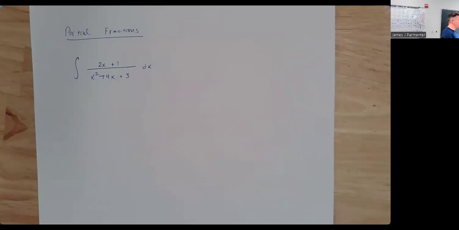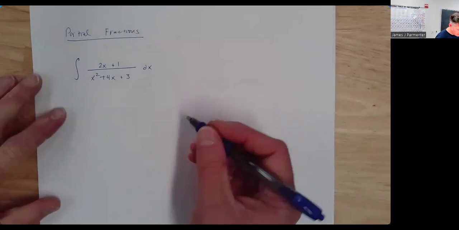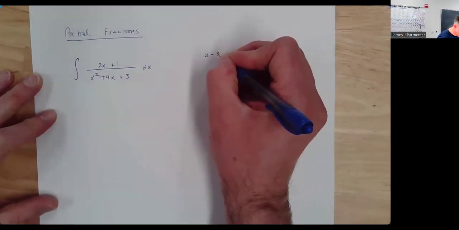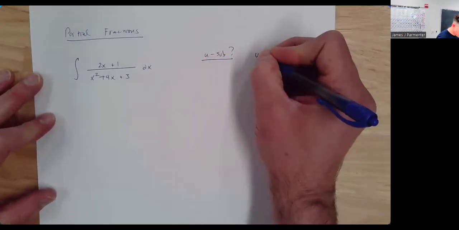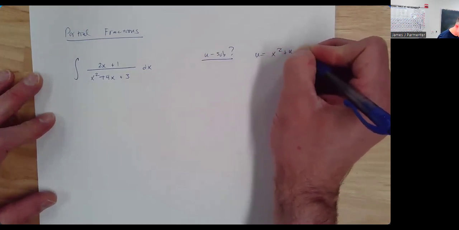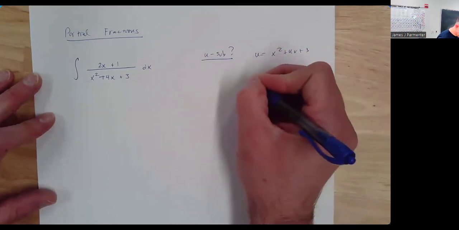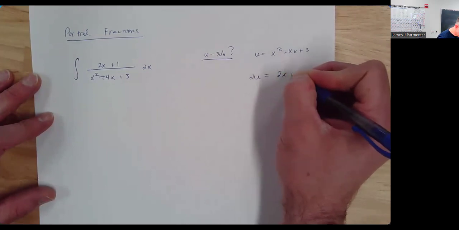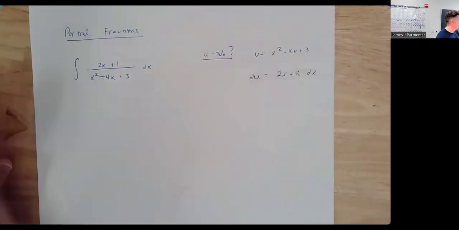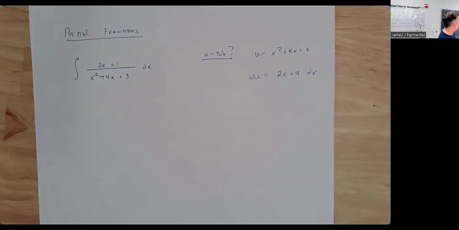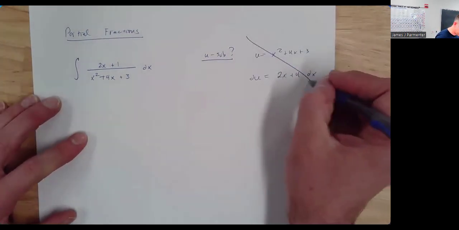In fact, before you do partial fractions, you should look out for a U sub. Here, I might think about a U sub for a second. If I let U equal the denominator, my du is 2x plus 4 dx. So close. One at the top was a plus 4 instead of a plus 1 to be perfect. But it's not perfect, so it doesn't work.